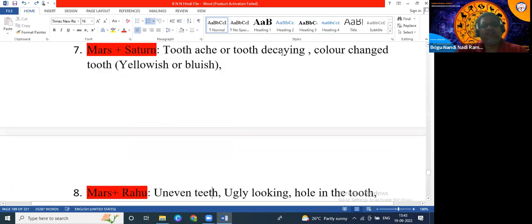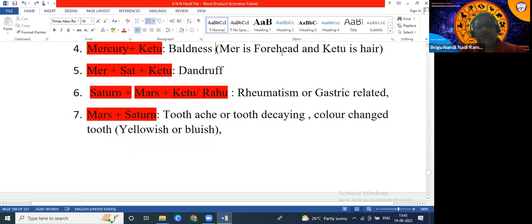And Mars and Saturn: Mars is actually tooth, and Saturn is decaying. So toothache and the tooth decaying. Decaying means rotting, and the color of the tooth changed, yellowish or bluish. So when Mars and Saturn are together, it may be rotten and the color will be changed because of Saturn.